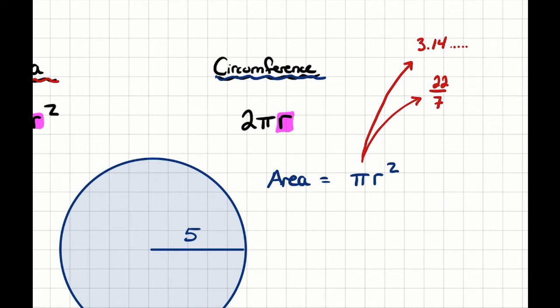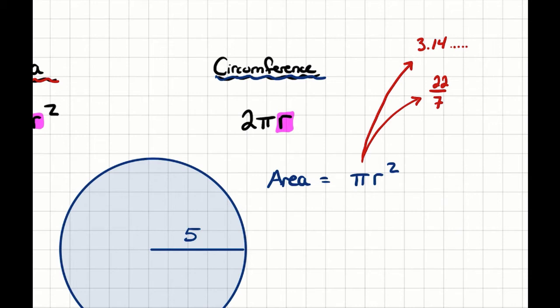Now, I do want you to note that for our purposes, I would prefer that you use 3.14 unless the textbook tells you to use 22 over 7. Either way, you're using a rounded, approximated value for pi. If we use the true pi, then we'd have to use the pi symbol on our calculator, which takes into consideration all of the digits of pi.